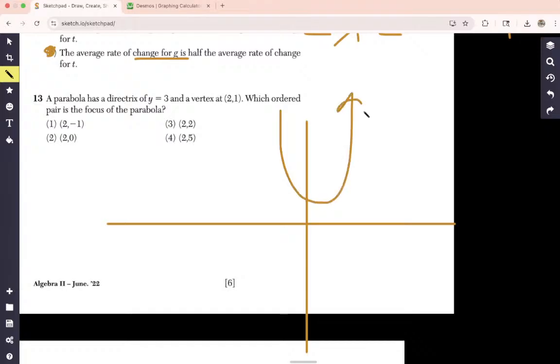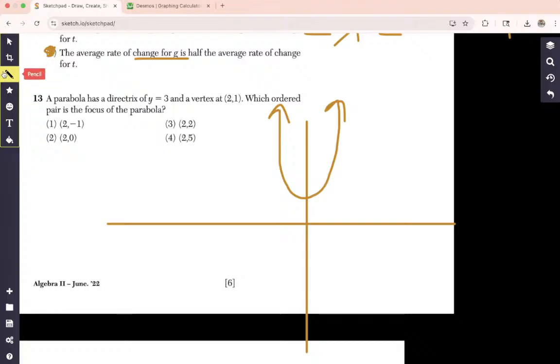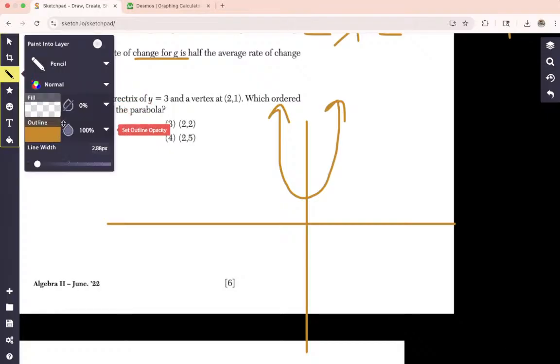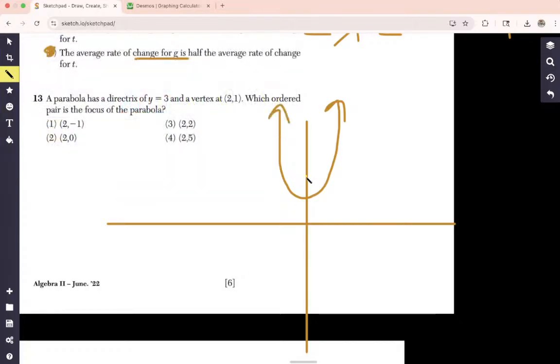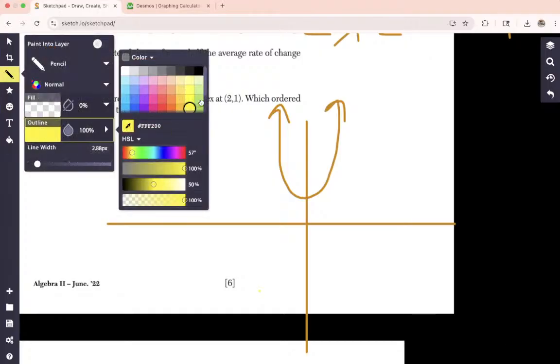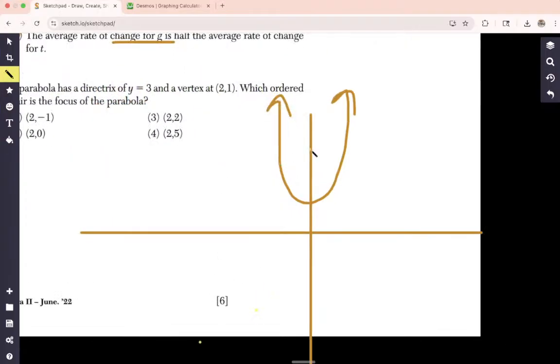A parabola is pretty much defined as the set of all points that are equidistant from a point and a line. So if I have this parabola right over here, and let's say this is a point and this is a line, notice how every point on this parabola has the same distance from this point as to the line.